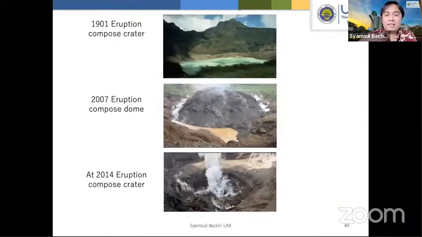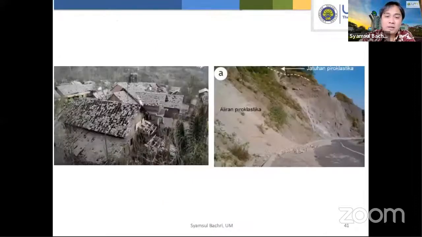And this is the process of Kelud: composite crater in 1901 and composite dome in 2007, but then again composite crater in 2014. This is the data about the eruptions, and this is the data about the impact.